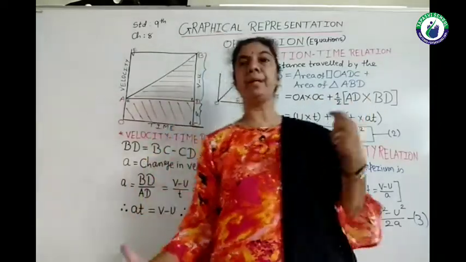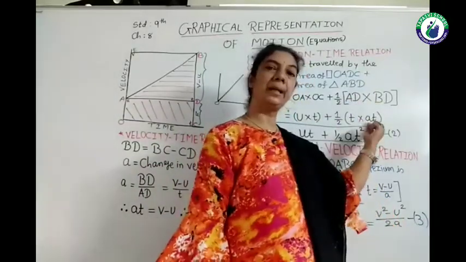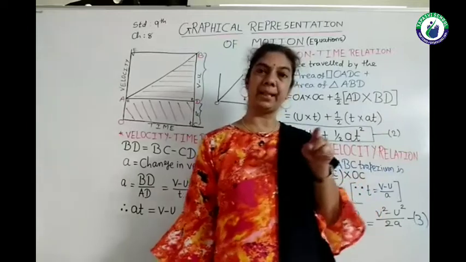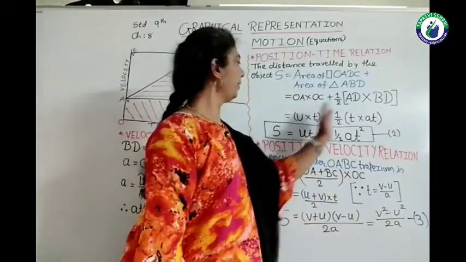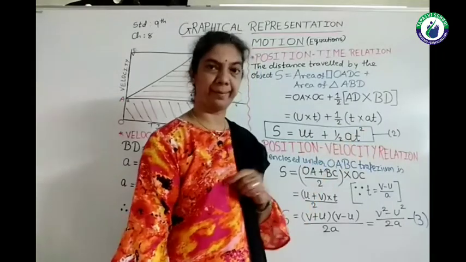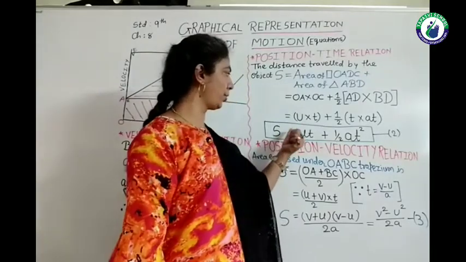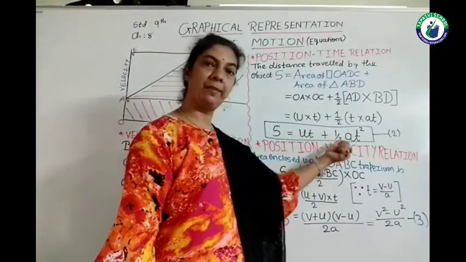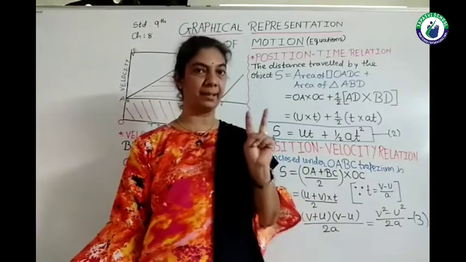And BD we have derived over here, it is representing at, that is acceleration into time. By simplifying this, we get t into t as at square. So I am getting the relation s equals ut plus half at square. This is our second equation.